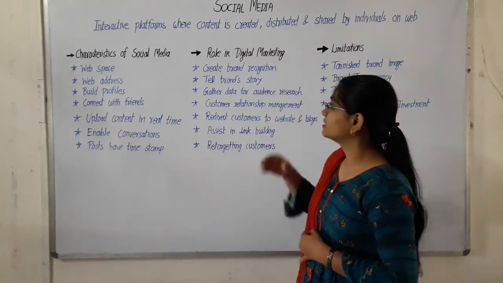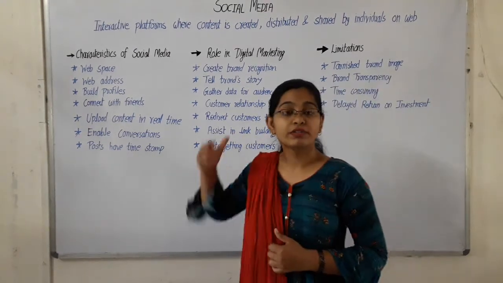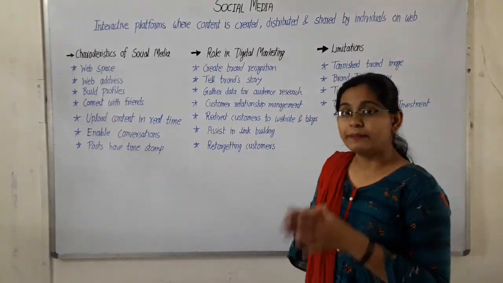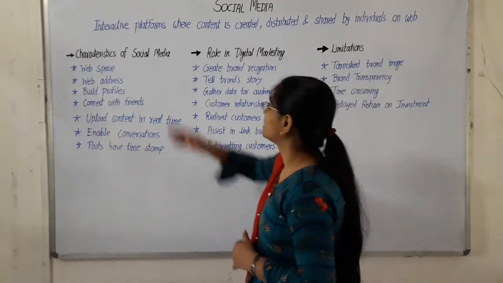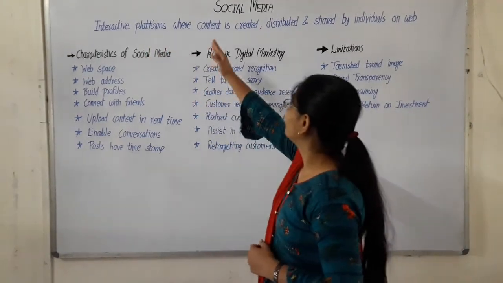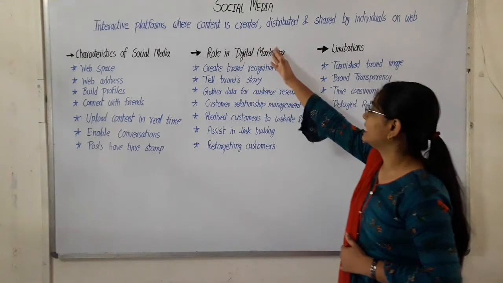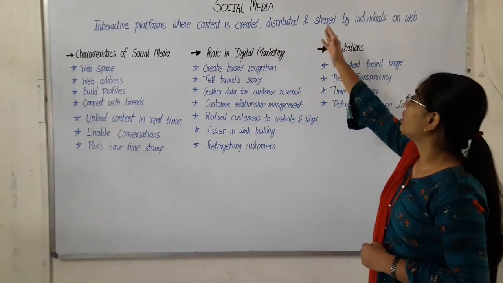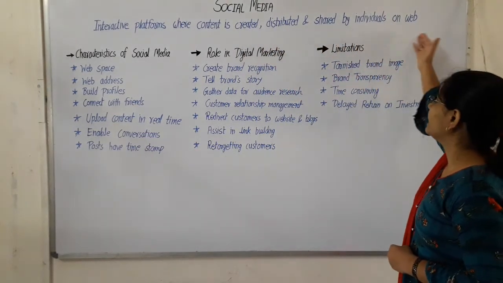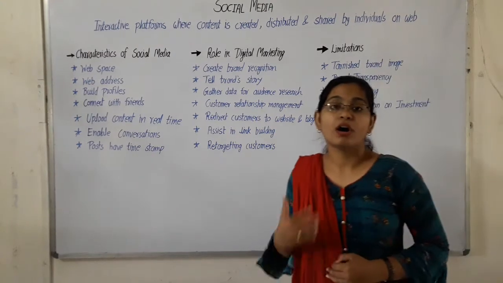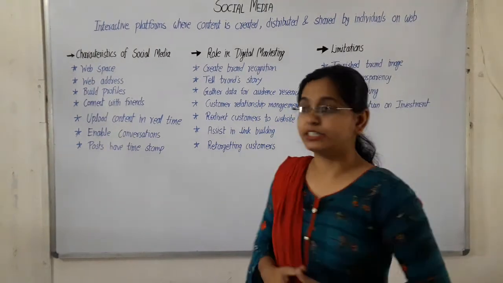Let's discuss the definition of social media. Basically, it can be defined as the interactive platform where content is created, distributed or shared by individuals on the web, website or internet.